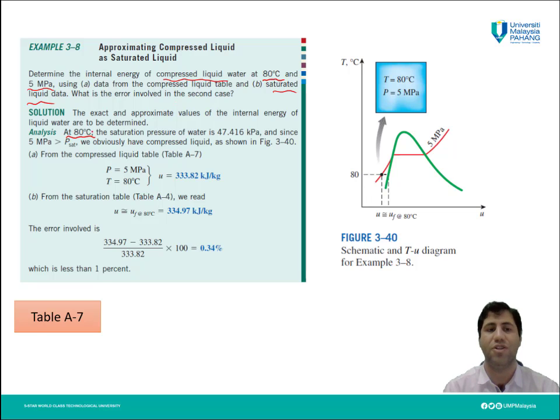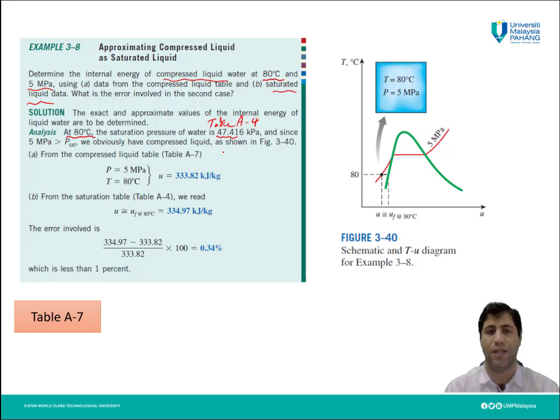At 80 degrees Celsius, the saturation pressure is 47.4 something. We know this from table A4, where we can find the saturation pressure for this temperature, and since 5 megapascal is higher than this saturation pressure, we obviously have compressed liquid.